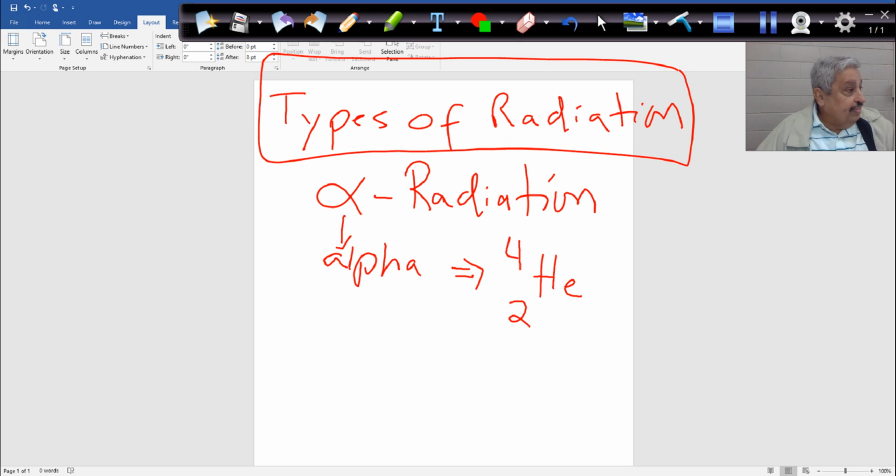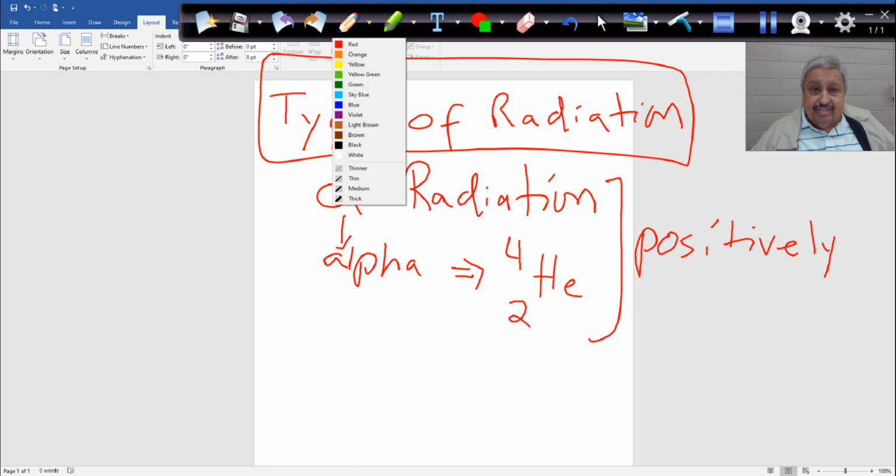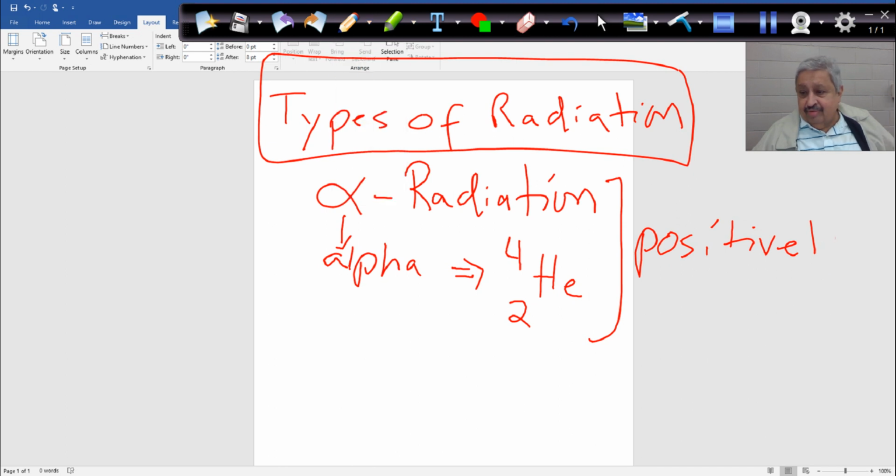Okay, so you have mass number and atomic number, 4 and 2. This is alpha, and the alpha radiation is a positive radiation in general.